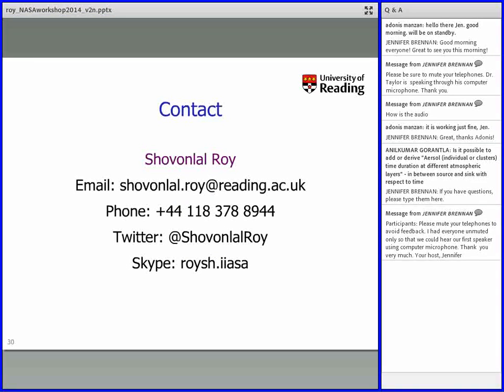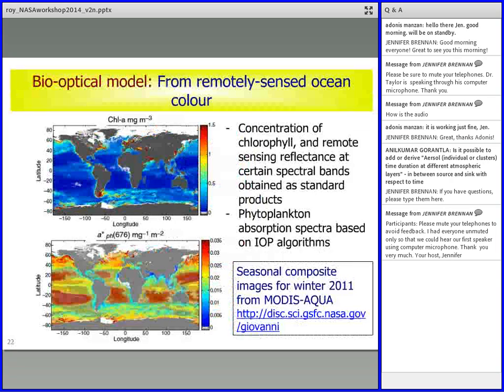So on slide 15, you say you assimilate MLD and nutrient among other variables. Where do you get the data for MLD and nutrient time series from? So let's go back to slide 15.